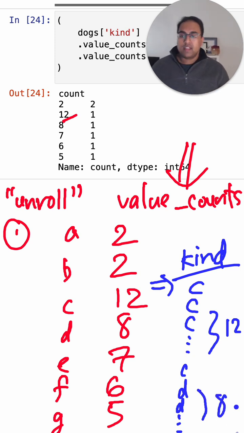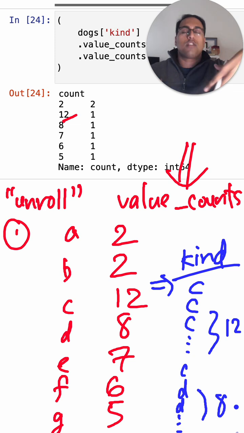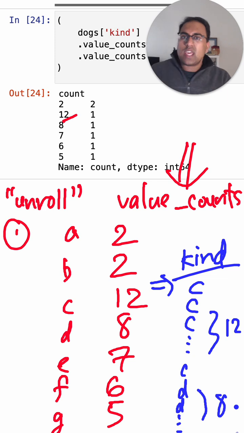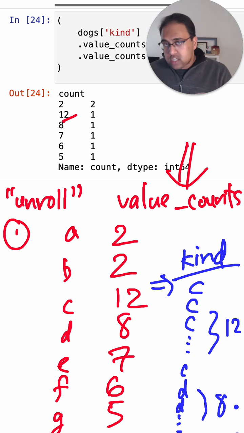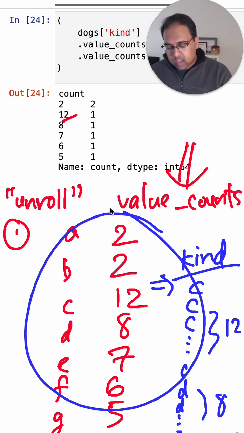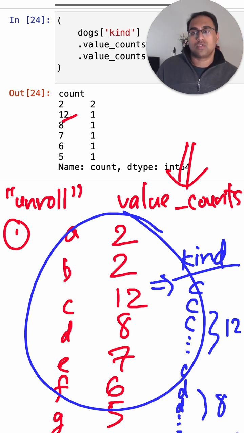So it's telling me if I were to look at the original kind column and sorted it in some order, I would see 12 of one thing, followed by 8 of another, followed by 7 of another, 6 of another, 5 of another, and then 2 of one thing, and then 2 of another. Okay? I, again, don't know what the actual kinds are, but I know how often they occurred. And that's how I would unroll a double value counts to a single value counts, which is what I'm looking at here, and then use that to unroll once again and infer something about the initial data set.